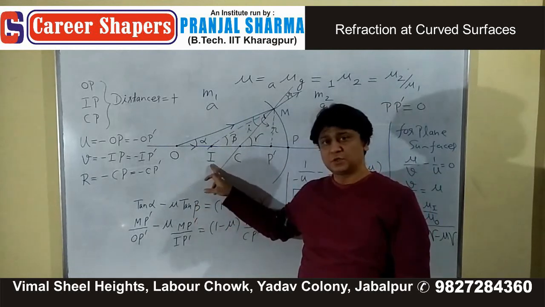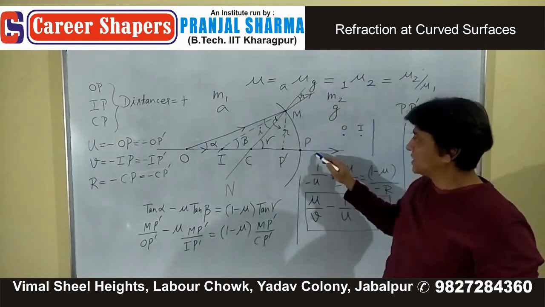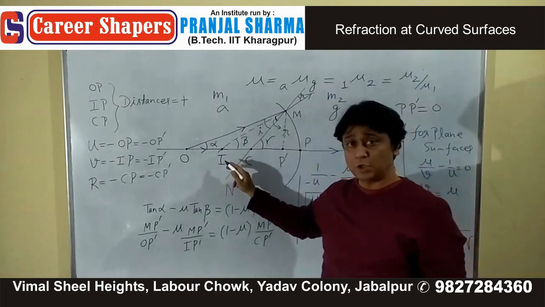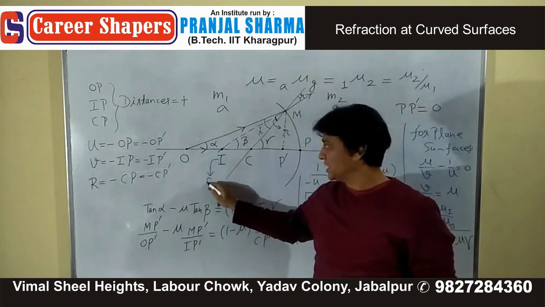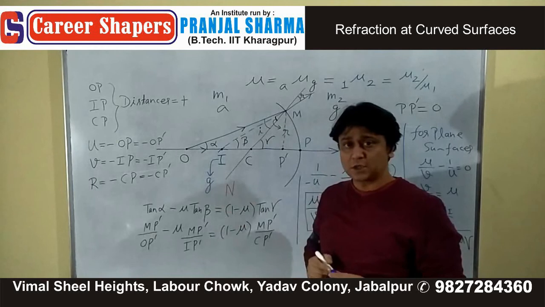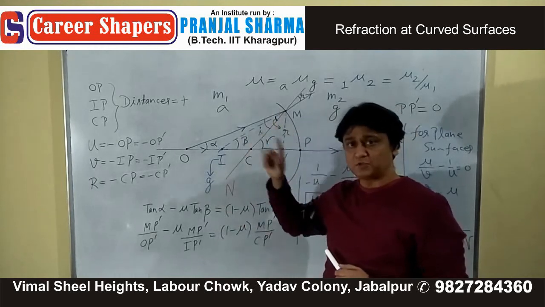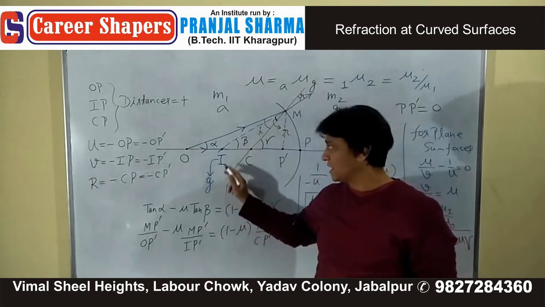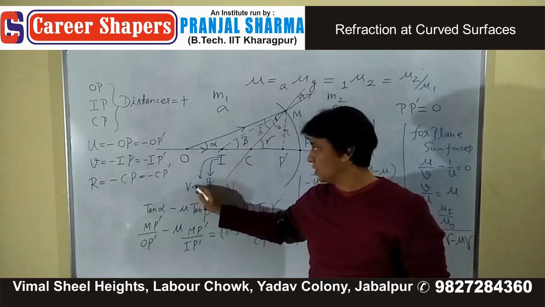Image forms in the medium of refracted rays. These rays are present in glass, and therefore their intersection will also take place in glass, which means image is present in glass. But it appears in air. That means there is a contradiction, and because of that contradiction, we say that this image is basically a virtual image.